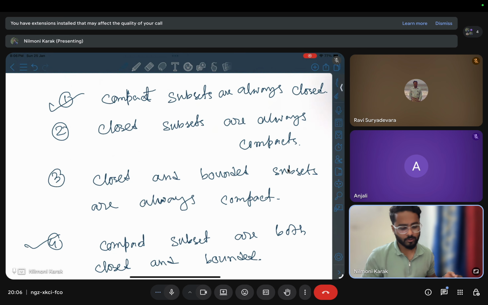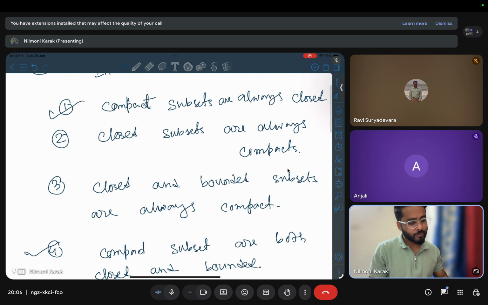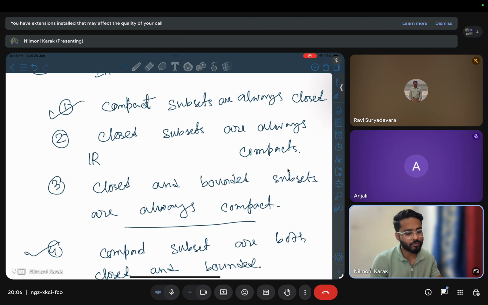Okay, if you have started, no problem. So closed subsets are always compact? No, because the counterexample is R. R is both open and closed, but not compact. And closed and bounded subsets are always compact?